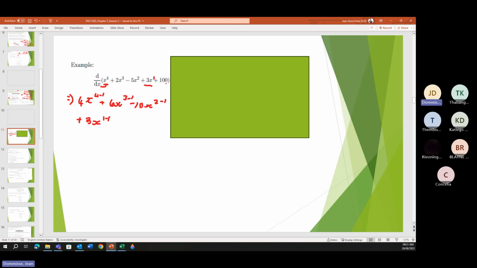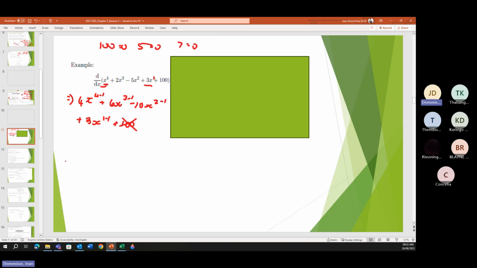Plus 100. 100 has no x to it, so any constant will fall away. If we differentiate a constant like 100, like 5, like 7, it all becomes 0. So if we differentiate any number, it will fall away and become 0.